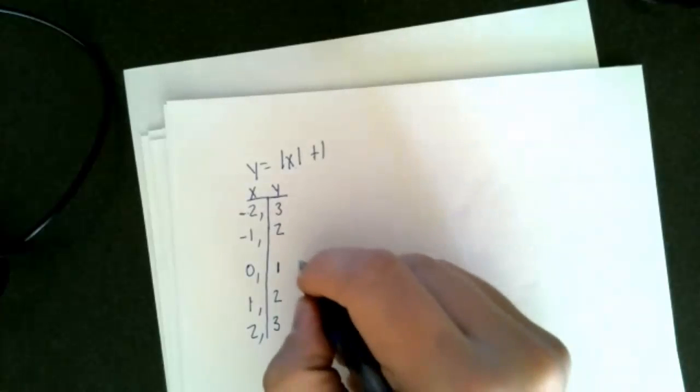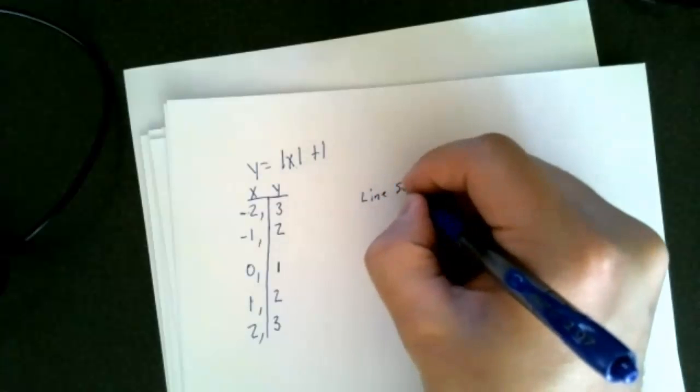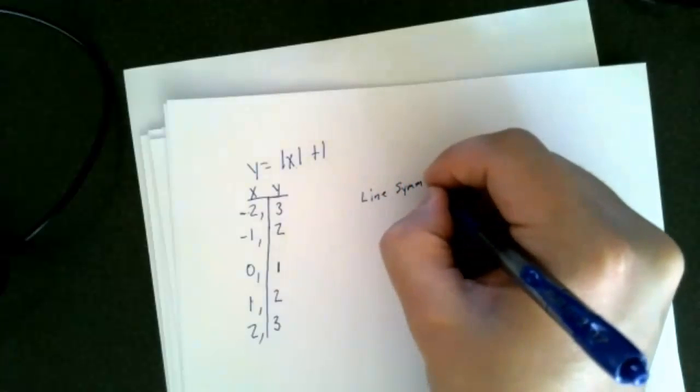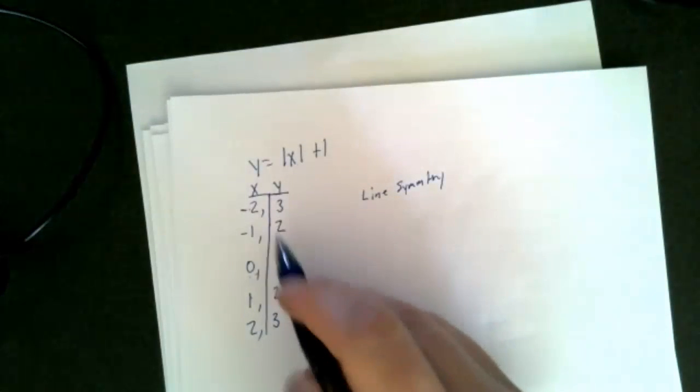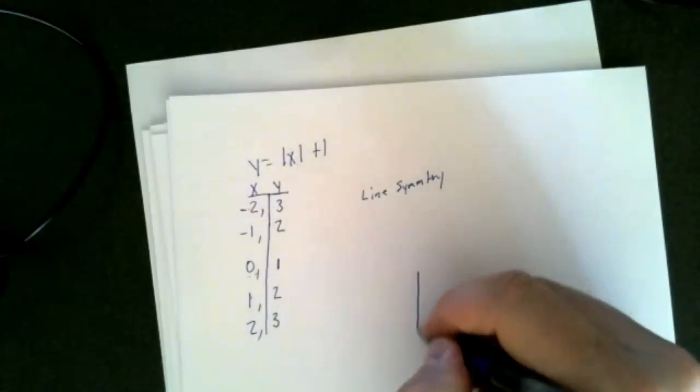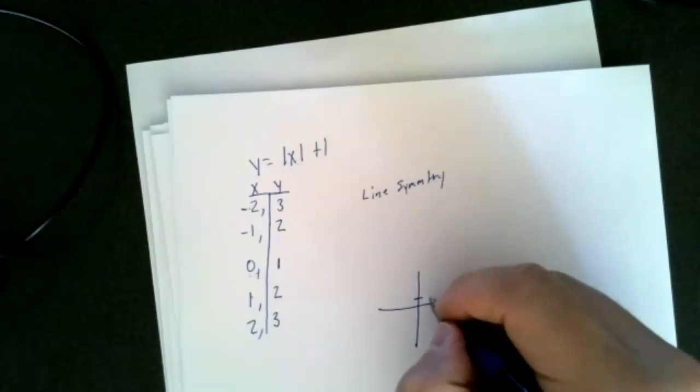Okay, and what you'll find is that this graph has line symmetry. Or in other words, wherever this point is, my y values are mirrored. So in this case, 0, 1.